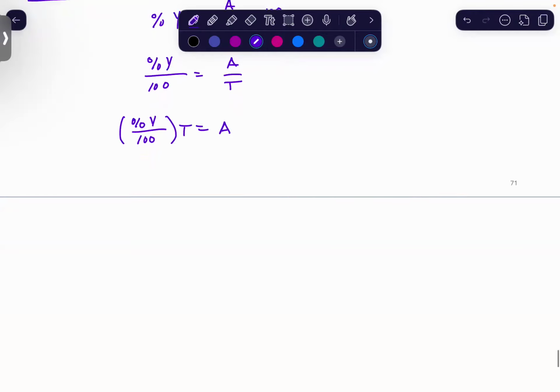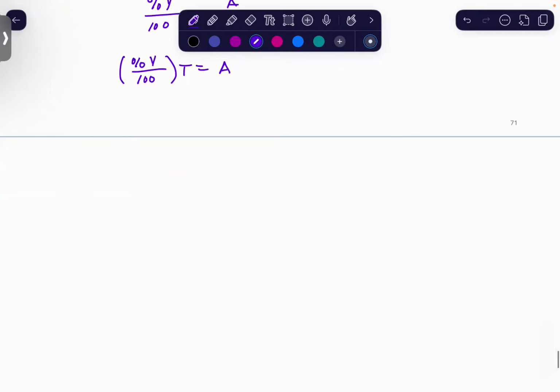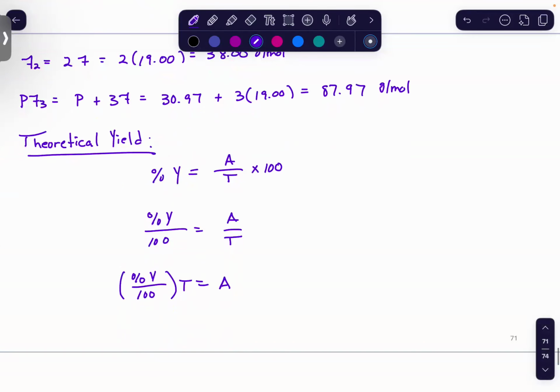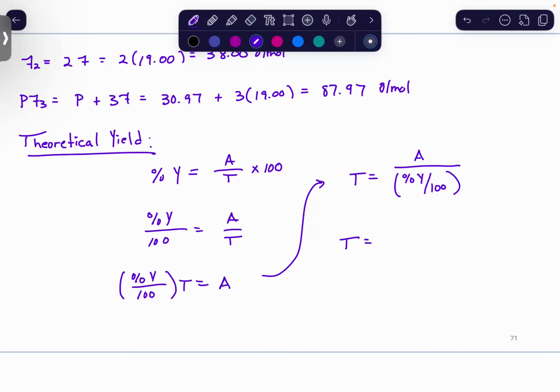Going to equal actual. And then my theoretical yield, that is going to be actual divided by this little fraction. Now you remember when I have a fraction in the denominator, I flip and multiply. So my theoretical yield is going to be 100 times the actual yield divided by my percent yield.